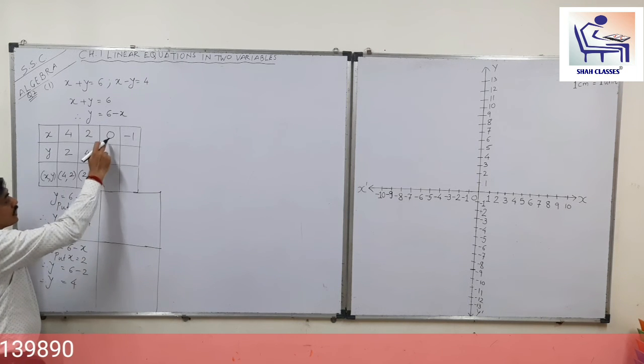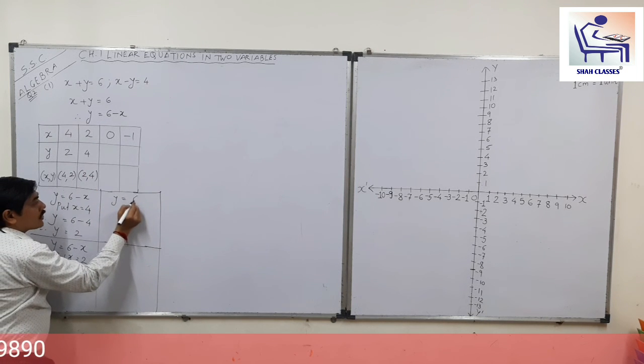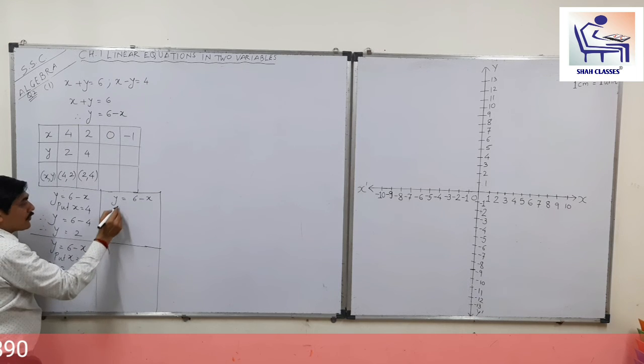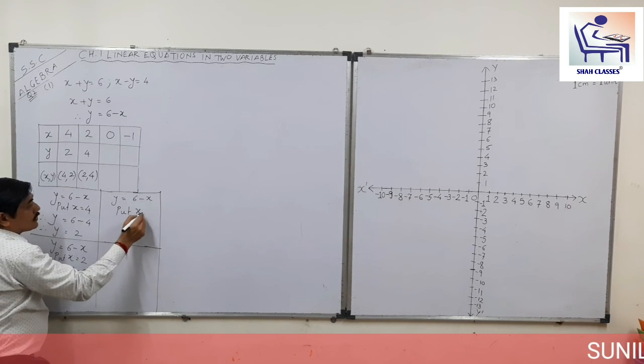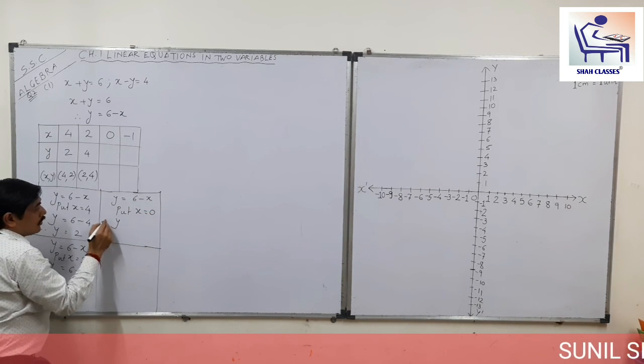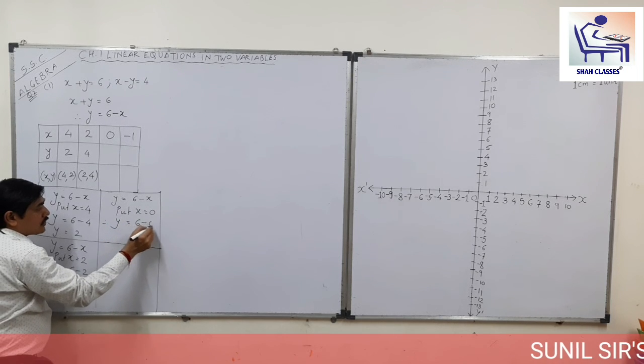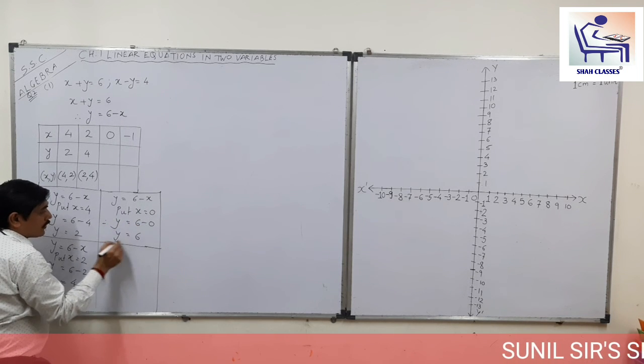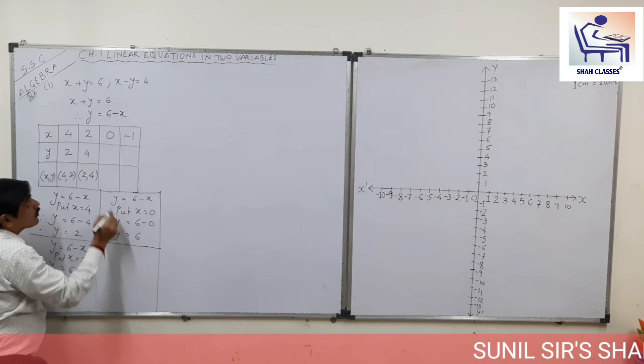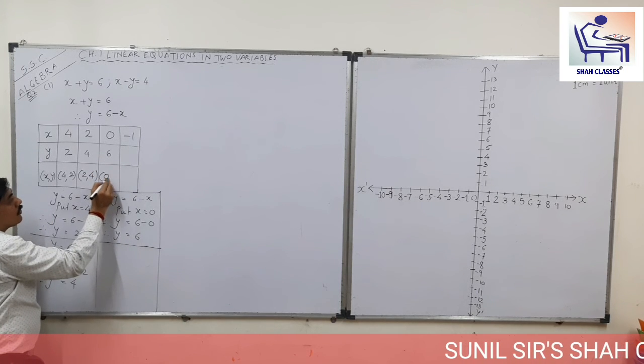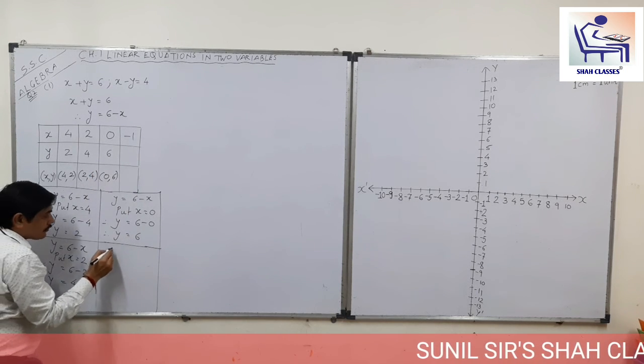Now we'll move towards the third value. y is equal to 6 minus x. Put x is equal to 0. Therefore y is equal to 6 minus 0. So y is equal to 6. So here now 0 and 6.